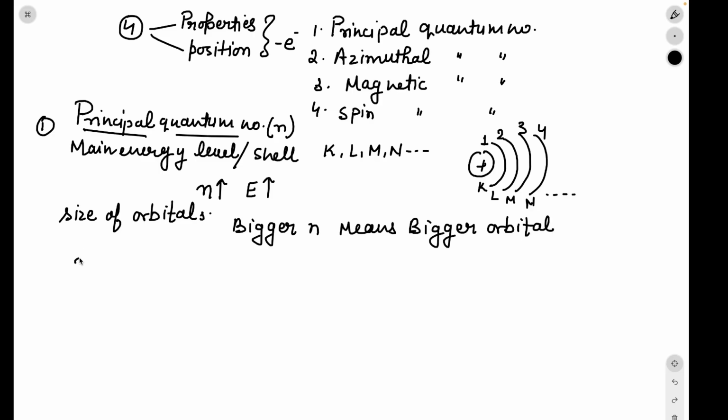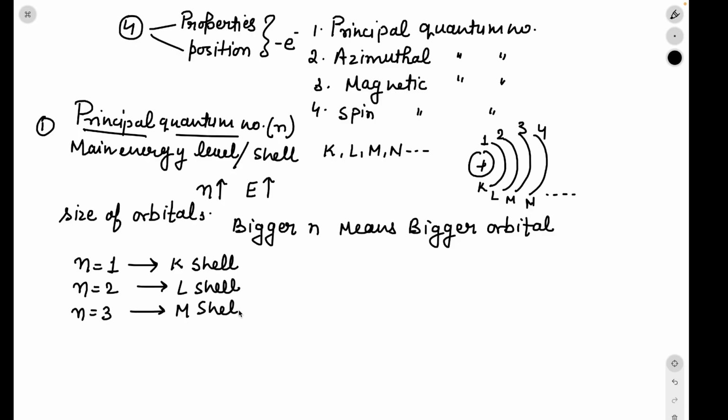So for N is equal to 1, we are talking about K shell, that is first shell of that atom. For N is equal to 2, that means L shell. For N is equal to 3, that means M shell.